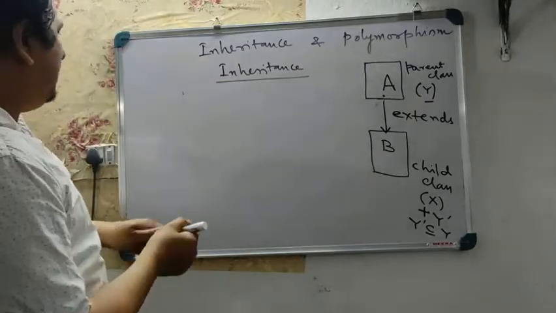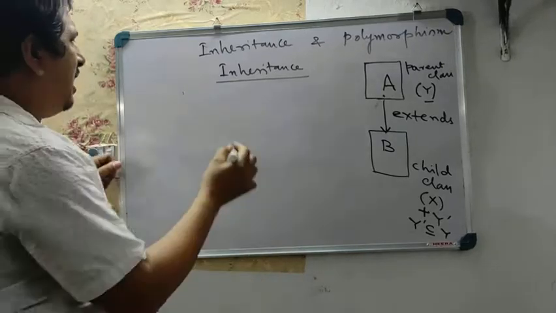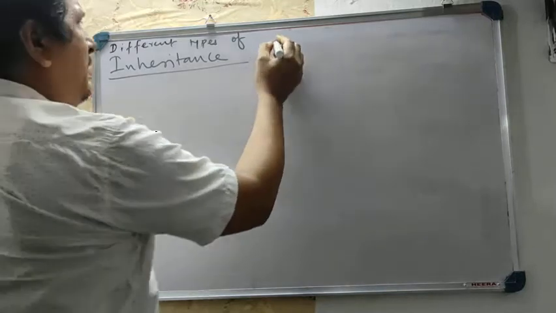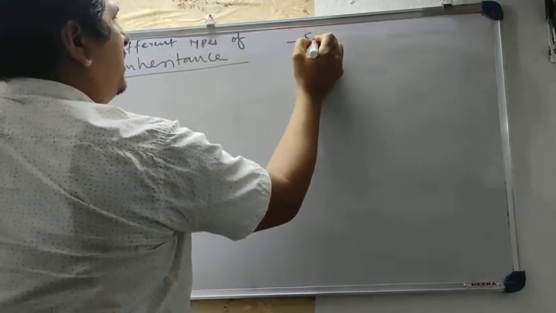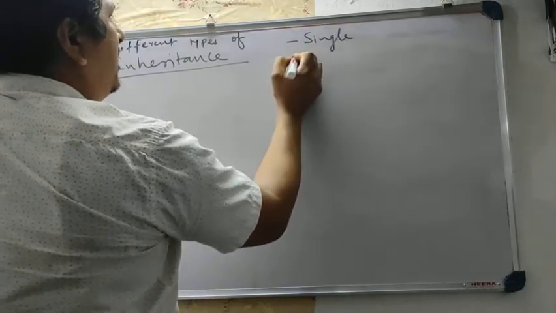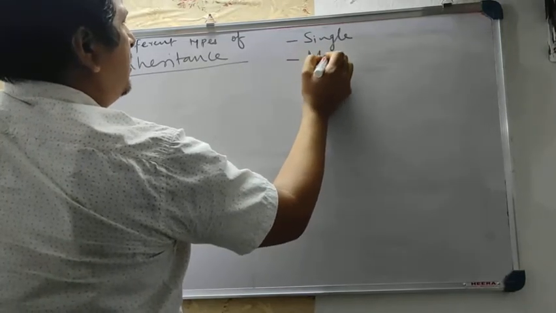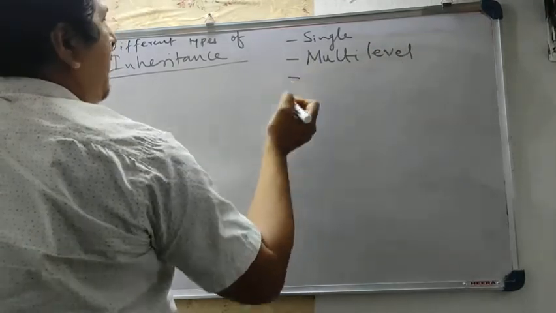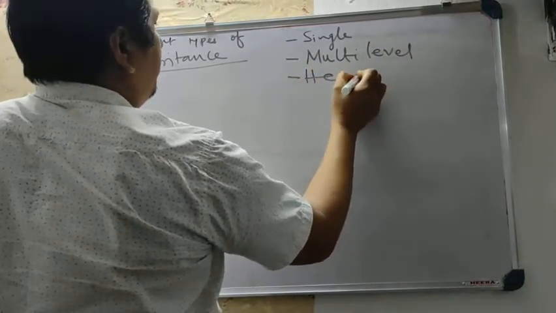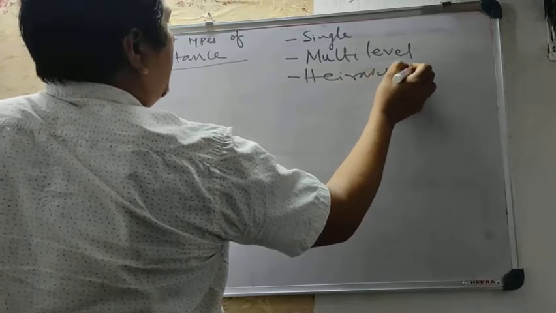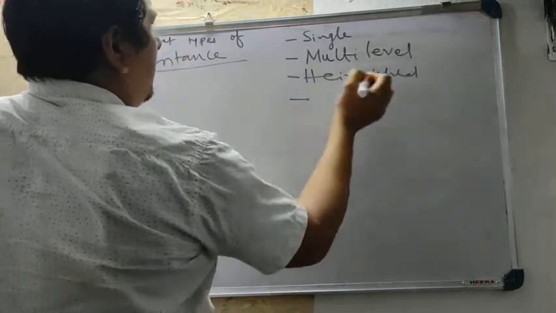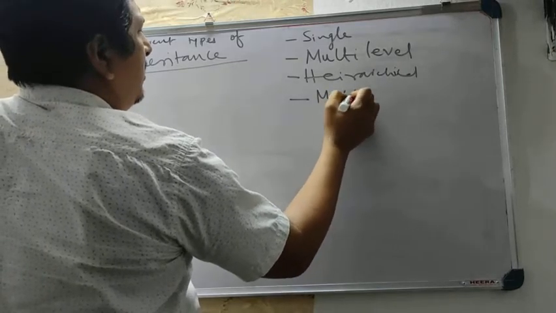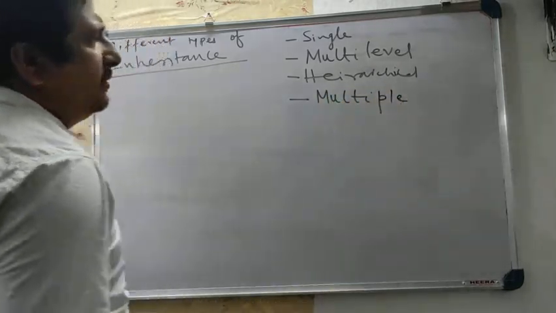Now see how it works in a Java program. In Java we have a number of different types of inheritance: single inheritance, multi-level inheritance, hierarchical inheritance, and then multiple inheritance.